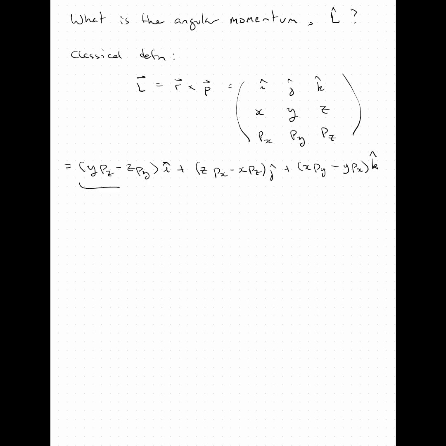And it turned out that the first part is L sub x, this part is L sub y, and this part is L sub z. And so we typically write angular momentum in terms of its x, y, z components like this: Lx, Ly, and Lz.